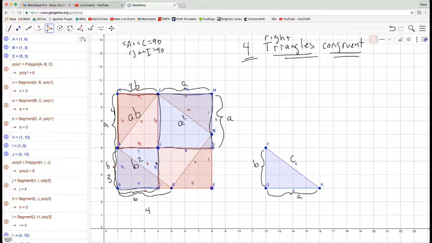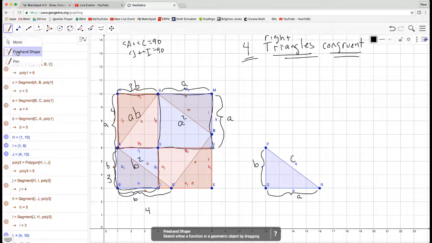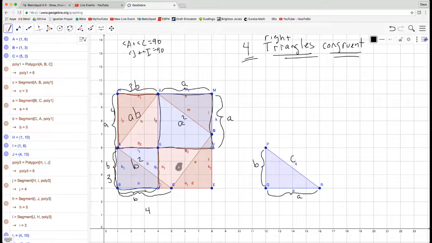This piece is also AB, because this side is B, and this side here is A. So the whole area of this big square, we can write it as A squared plus AB plus AB plus B squared.